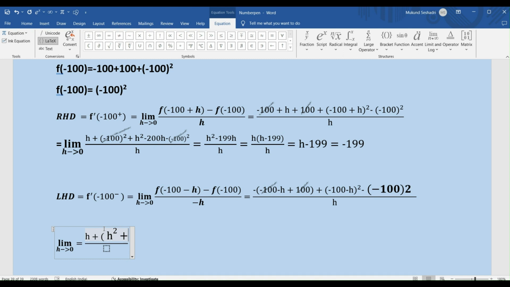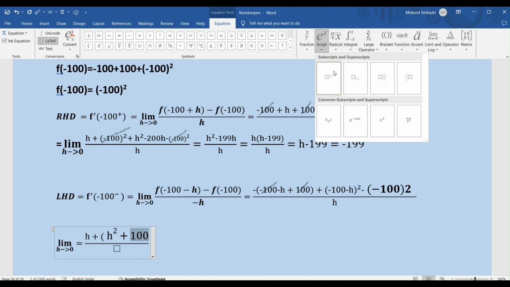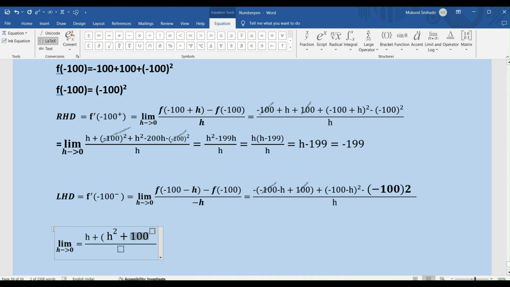So when I rewrite this expression, I can comfortably write it as h square plus I have a 100 square now, and then I have my 200h, right?